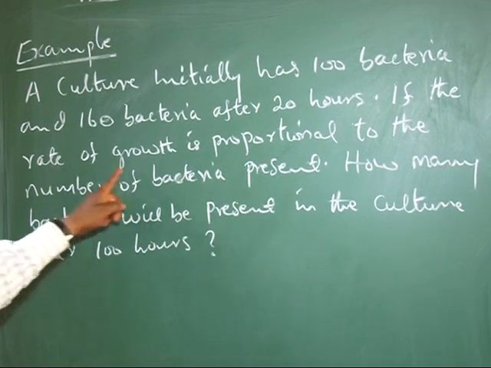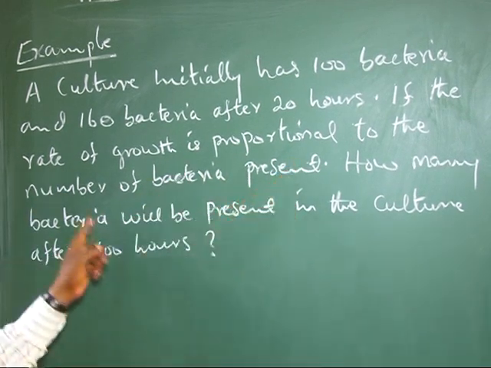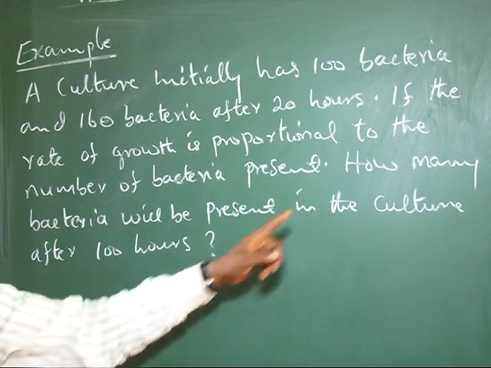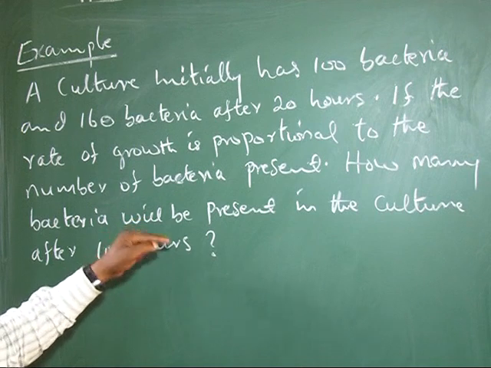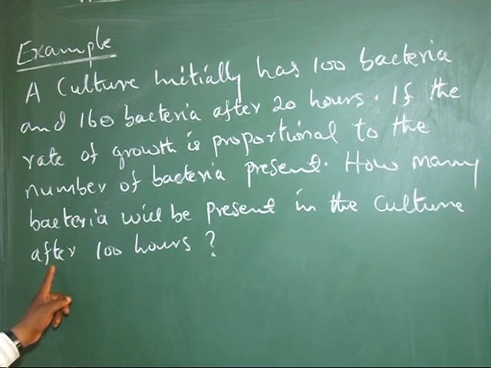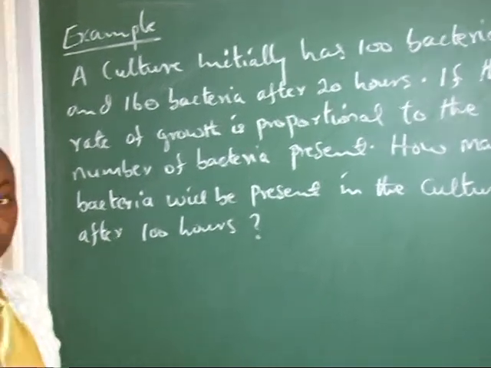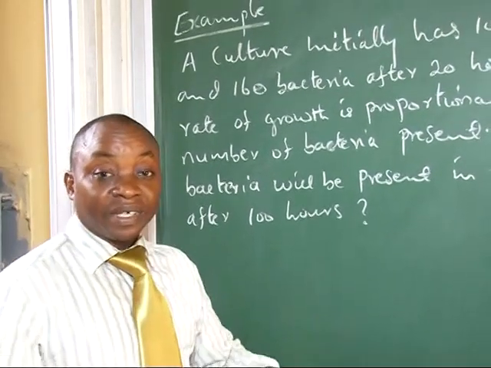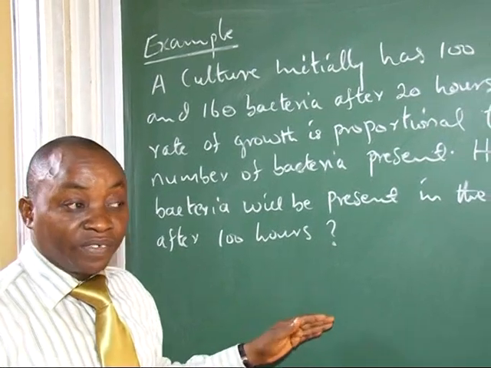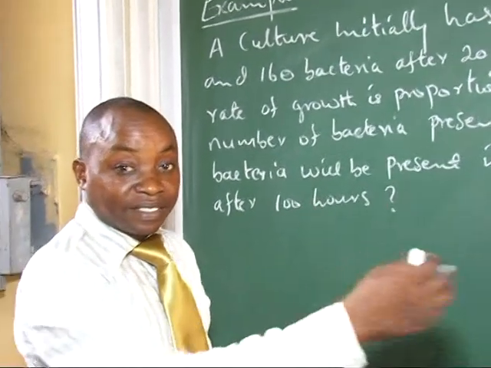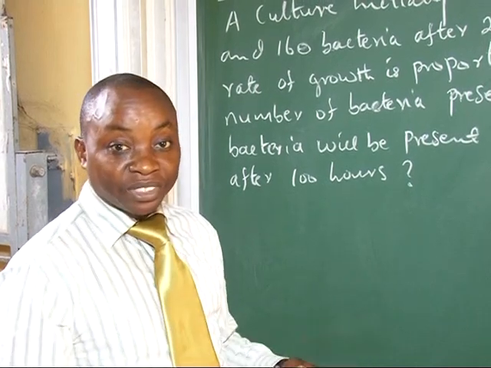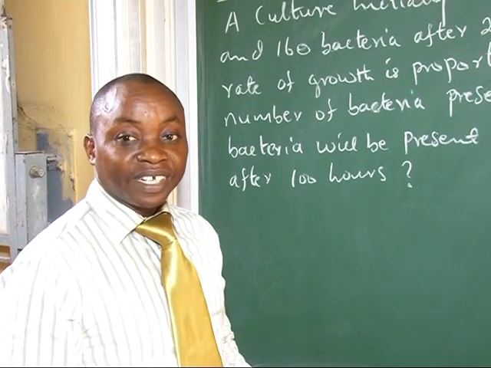If the rate of growth is proportional to the number of bacteria present, how many bacteria will be present in the culture after 100 hours? So you see, this is a problem we can use a differential equation to solve, and also predict the number of bacteria that will be in that culture in the next 100 hours.